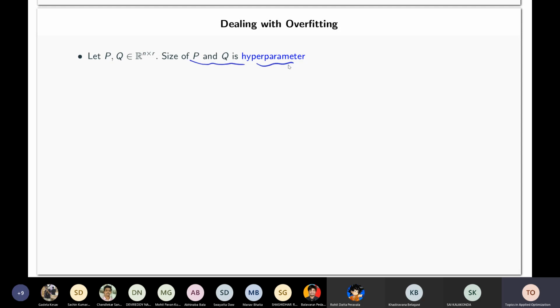Hyperparameters are parameters in your model that you don't know anything about. You have to play with them basically. By not knowing, I mean you don't know what are the good set of values. Of course you know the meaning of it, but you don't know the value to be taken.